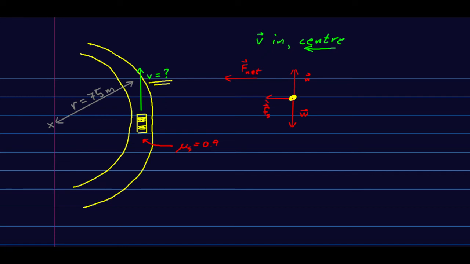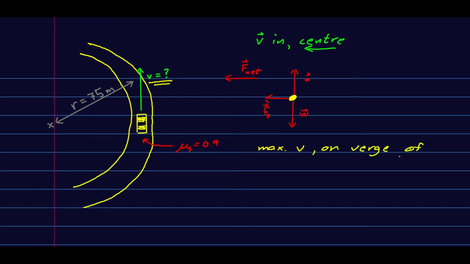So the static friction must be the thing that is actually pulling into the center and allowing the car to round the curve. If we want the max speed, then we are on the verge of slipping.